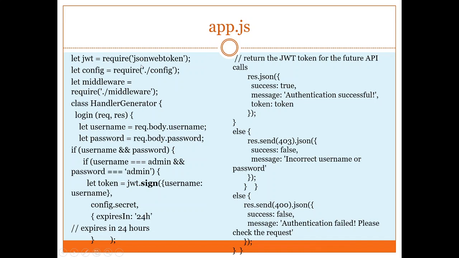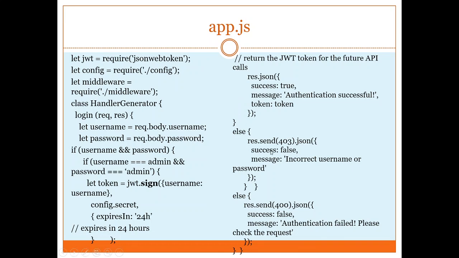This library, JSON Web Token, will create a JWT token. So we have a token, authorization successful, and we are sending back response.json. In response.json, we are sending a success true message, authorization is successful, and we are providing a token to the end user. Now the end user will send the token whenever he requests some other information.